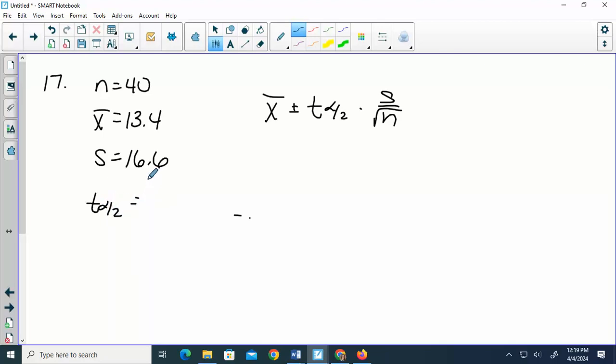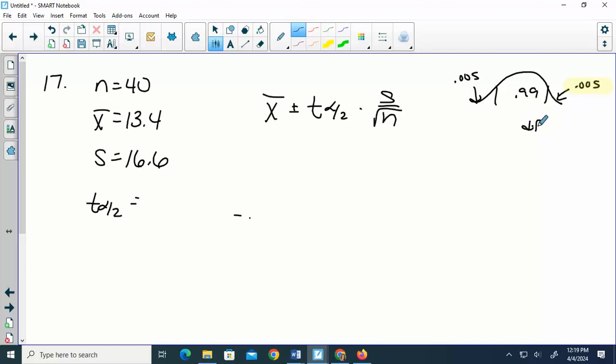So we know we wanted a 99% confidence interval. If 99% is in the middle, how much do we have left? 1% split over 2 ends is 0.005. So when you look it up on the table, your probability at the top is the 0.005.